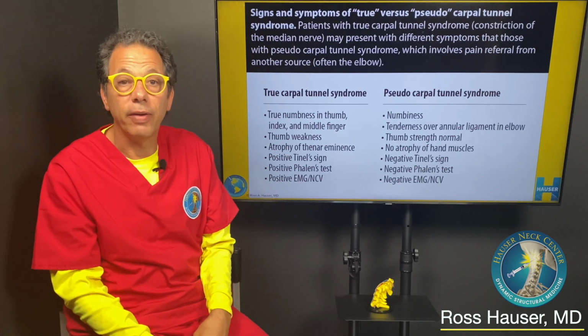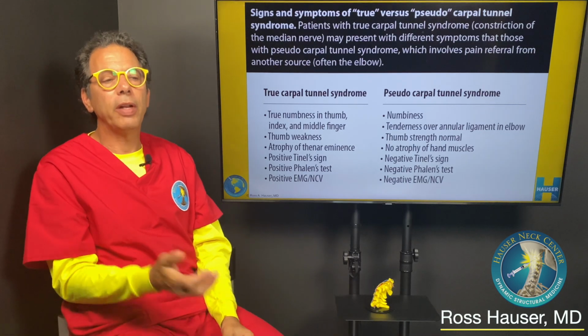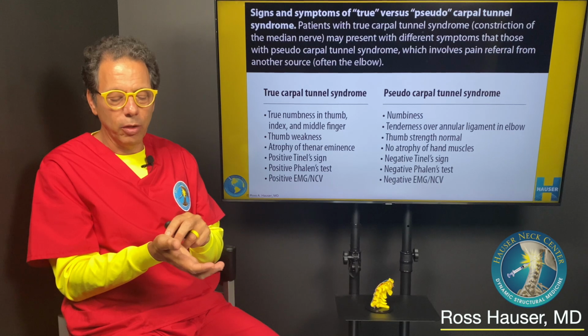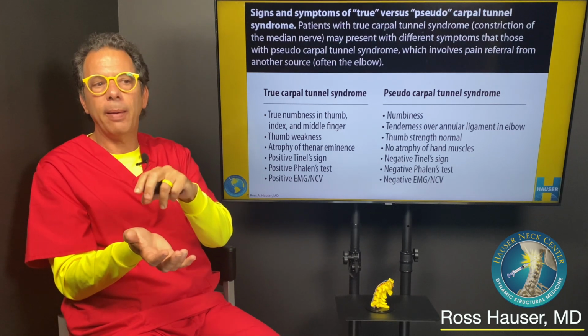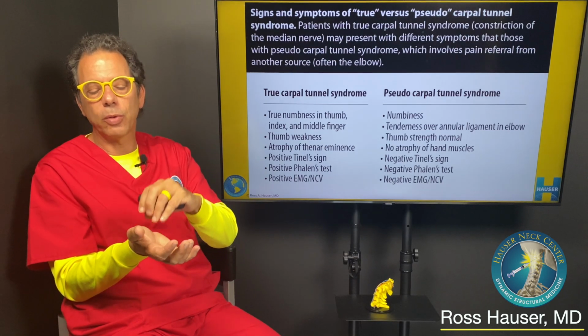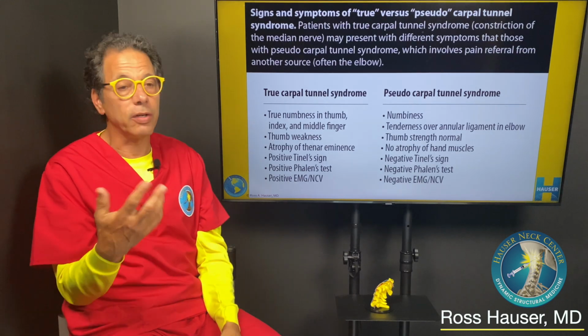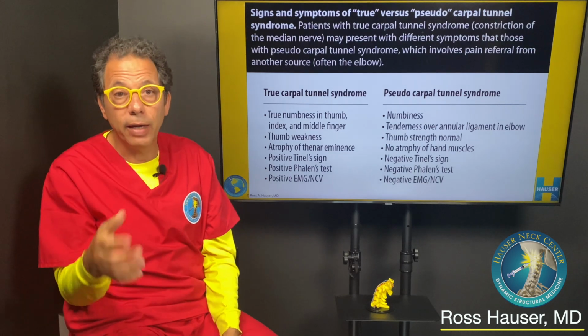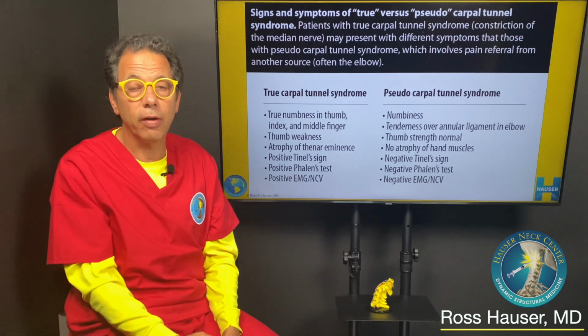That's a sign of advanced carpal tunnel syndrome. Even if surgery relieves the nerve impingement, sometimes you don't get the atrophy back. That's why early on, if you have numbness in the hand, you have to get it evaluated.